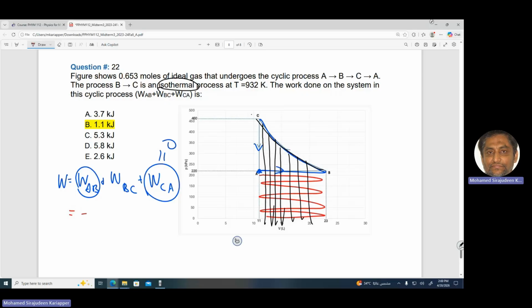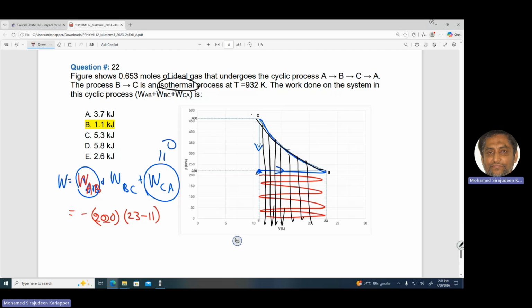I hope I'm not making a mistake. Please correct me, I'm getting the numbers right. This is 220, right? It's kilopascal? Yeah. So I don't need to do any changes. And this is liters, right? Yes. So 23 minus 11. That is this one.